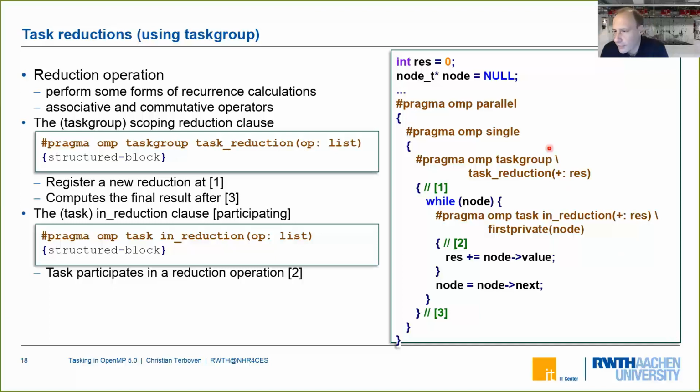The first is to make use of a taskgroup, register a variable, in this case res, to be part of the task reduction, and then within a task, say in_reduction with a corresponding variable res and the corresponding reduction operation. So why is it necessary? Well, in a reduction, you need a well-defined point in the program at which the reduction will actually happen. During the task parallel computation, similarly to a thread parallel computation, the tasks are computing, I would call them, partial results.